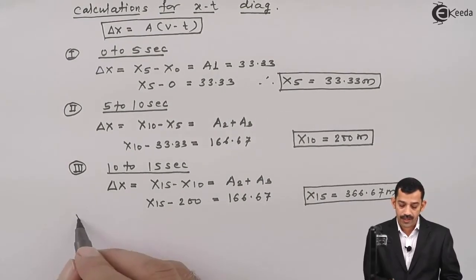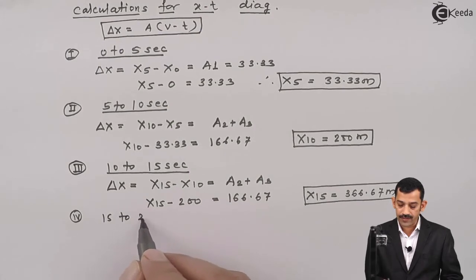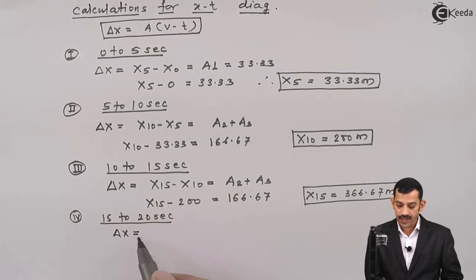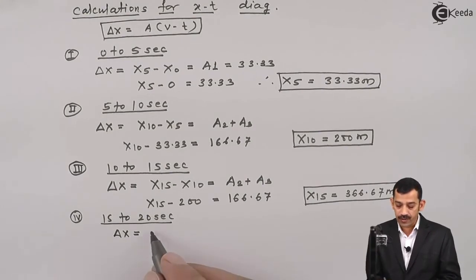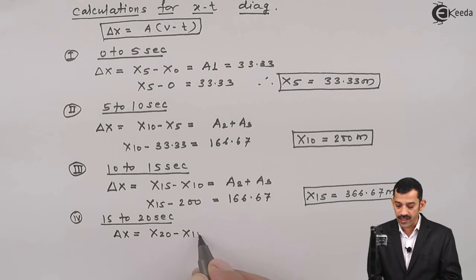Now the last time interval is 15 to 20 seconds. In this interval, if you find the change in position, delta x, it is final minus initial. Final is at 20 seconds, that means x20, minus initial, which is x15.